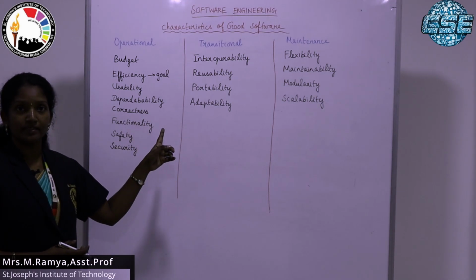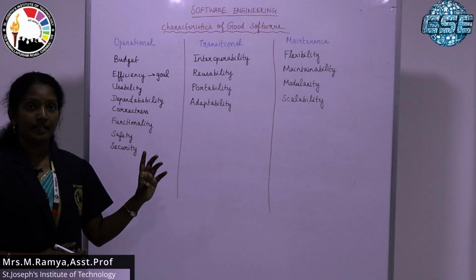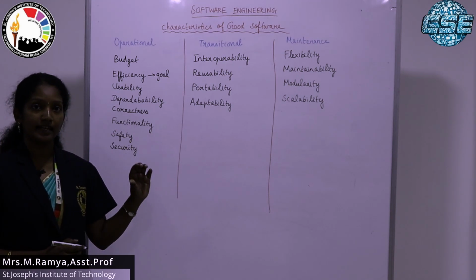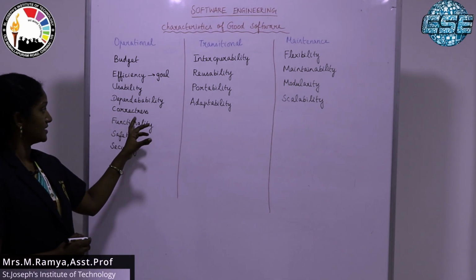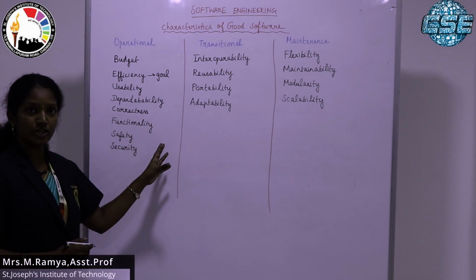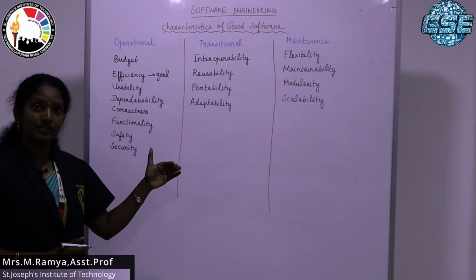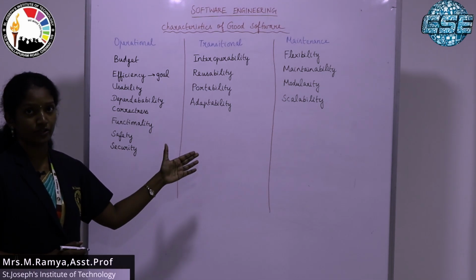Next one is correctness, which is one of the important characteristics. The software should create the right and correct result. Next one is functionality. When software is created, it should contain all the features and functions.